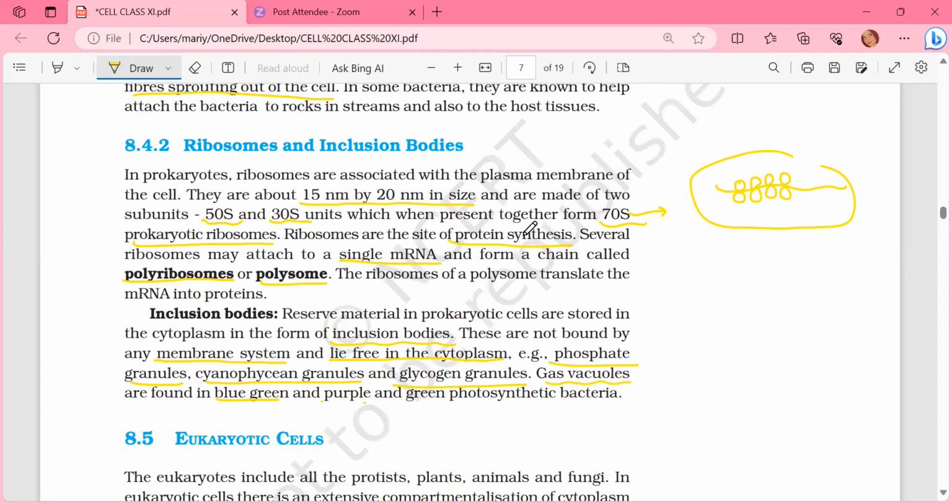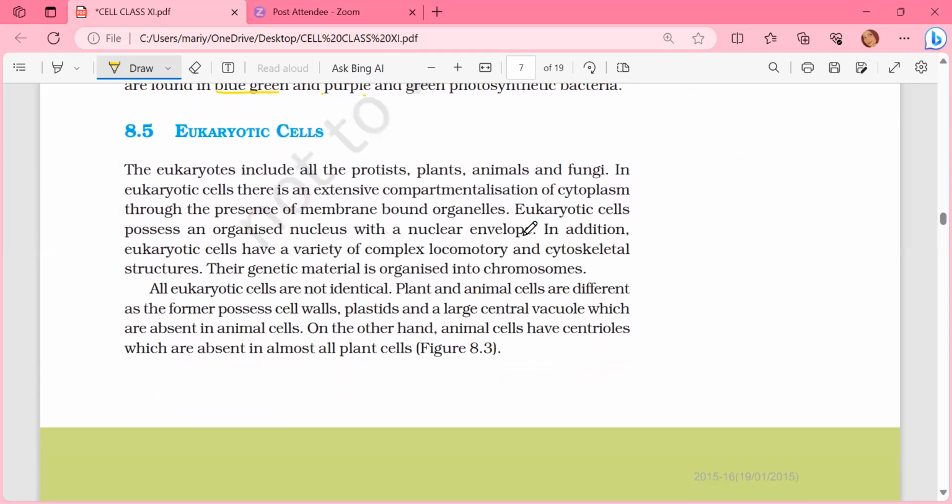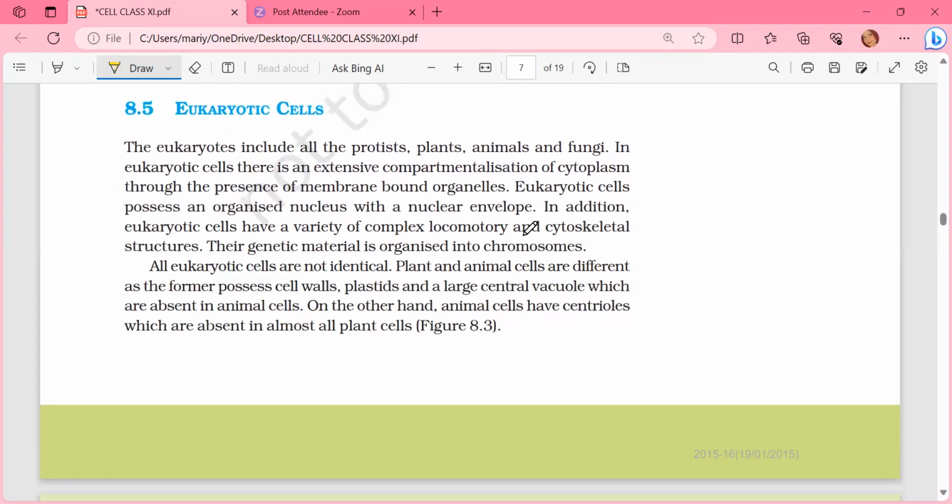Now let us talk about the eukaryotic cells. The eukaryotes include all the protists, the plants, animals, and even the fungi. In the case of eukaryotic cells, there are certain organelles and compartmentalization, meaning there is a division of the cell and each division has its own function to perform.